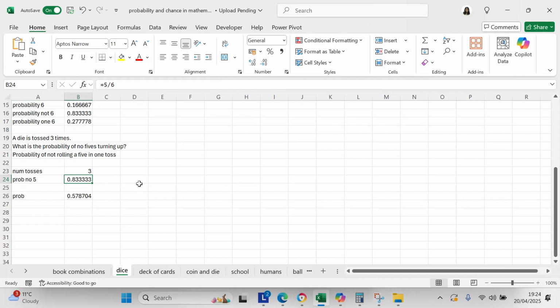The probability of no 5 equals 5 divided by 6. And so the probability is B24 to the power of B23, and your answer is 0.578704. And so that's your probability in that instance.